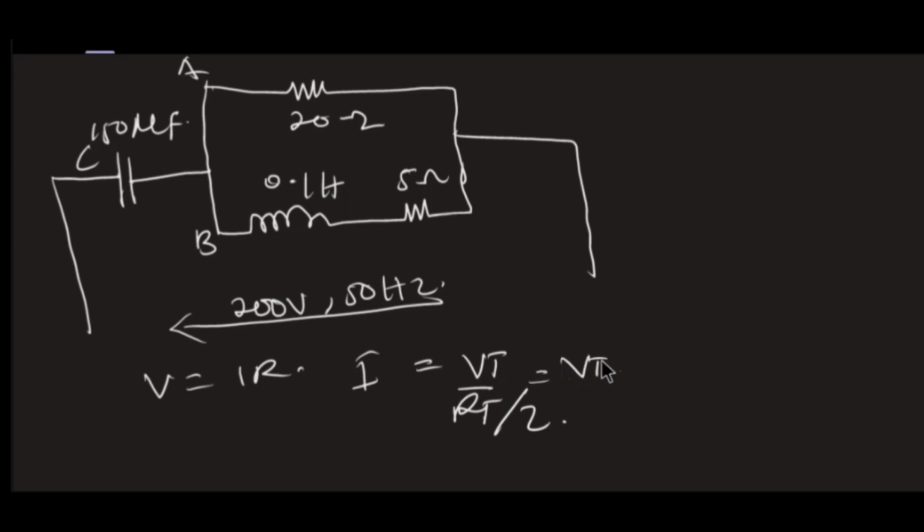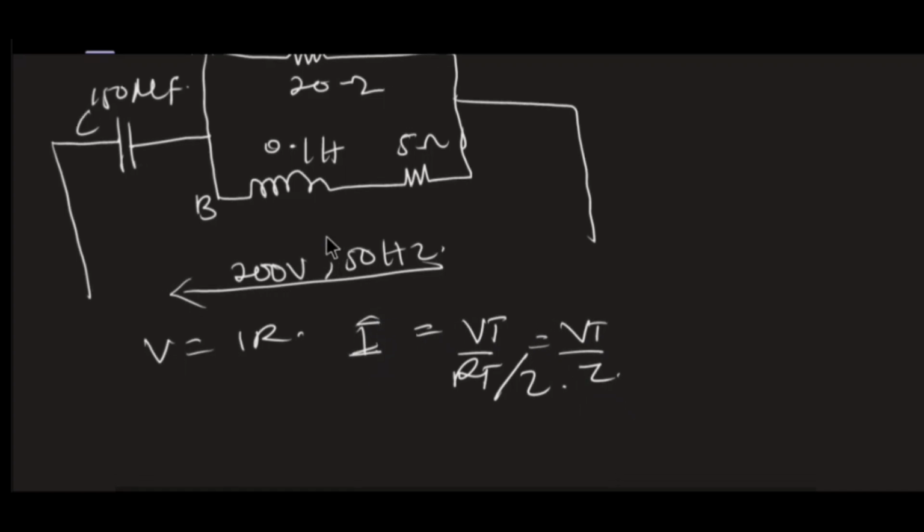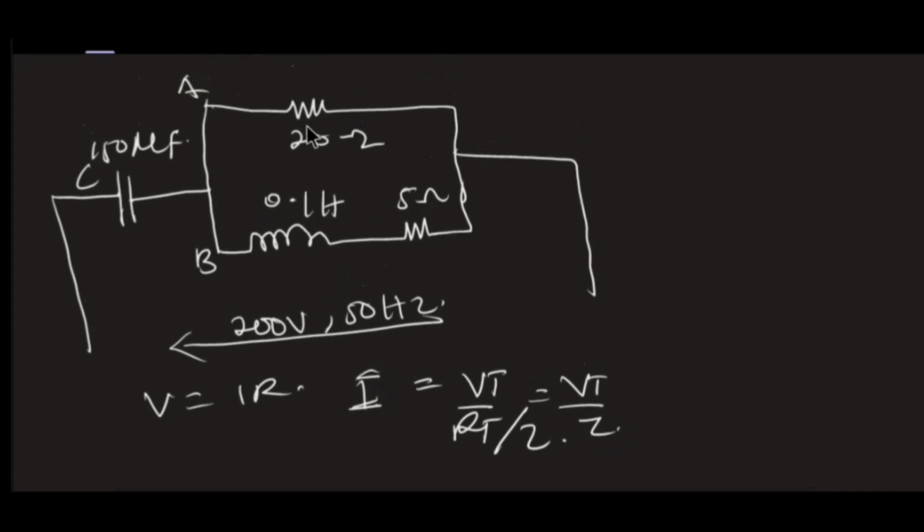So my voltage over my impedance will give me my current in each branch. If I get the voltage across here and the impedance across here, I can find the current in this branch, likewise this and likewise this.